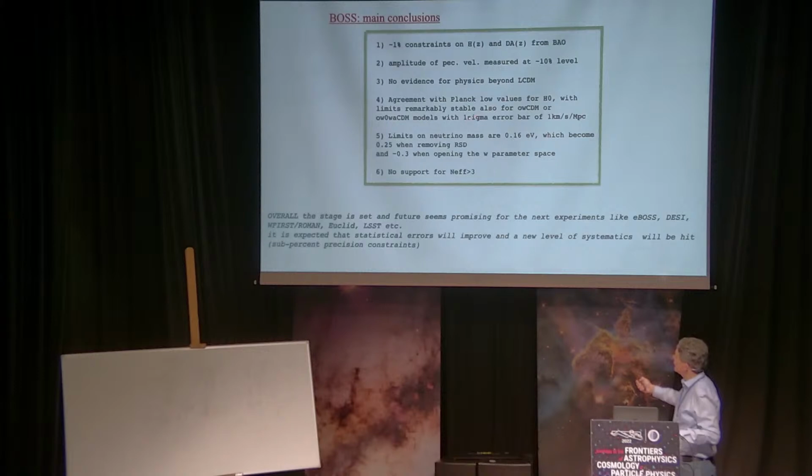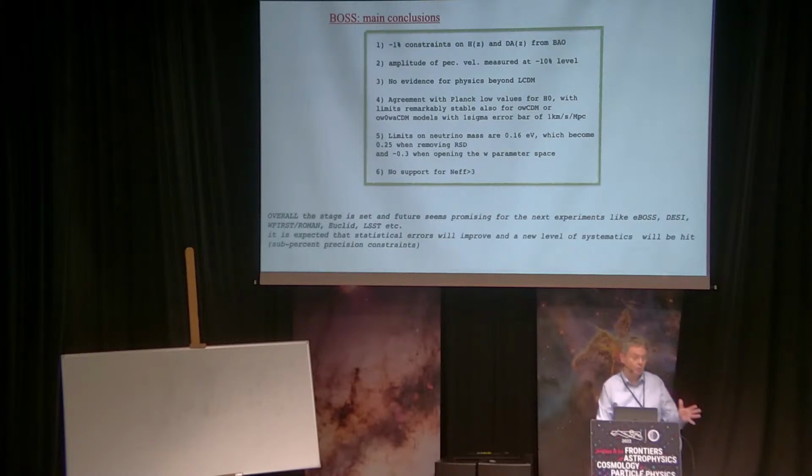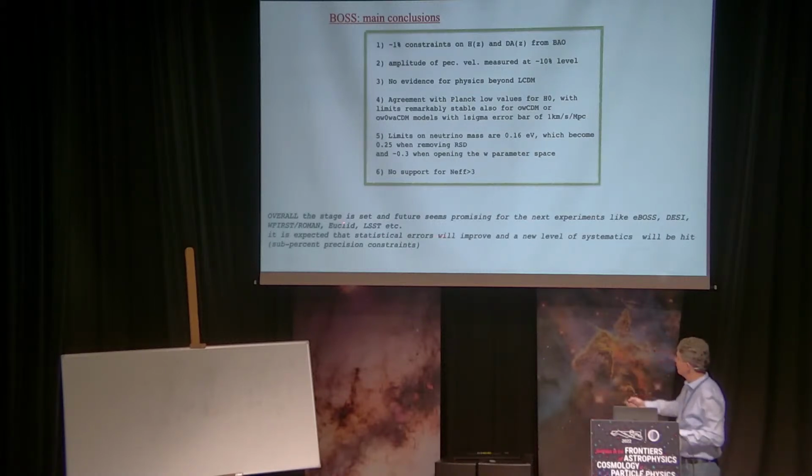Also the H0 value that they infer from the full shape, as I will show you soon, is in agreement with Planck. Limits on the neutrino mass are in this ballpark, not even a support, which I haven't talked about, for an F larger than 3. So there is no new physics, but maybe there will be new physics because we have DESI taking data now, we have Euclid, we have SPHEREx, we have the Roman Space Telescope.